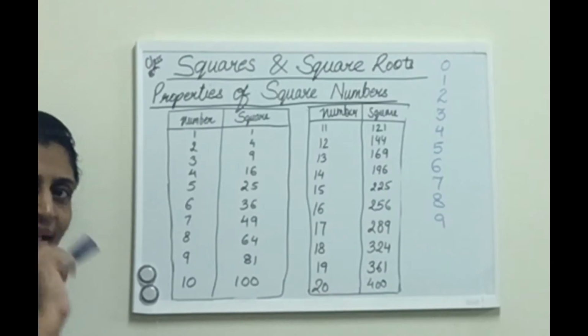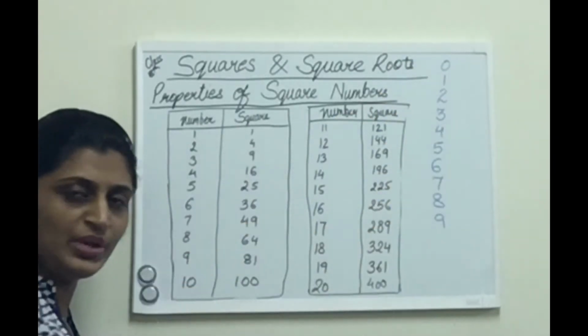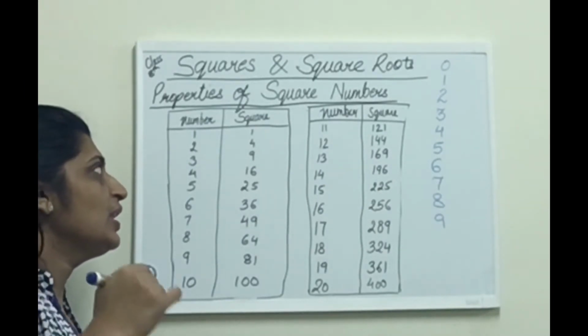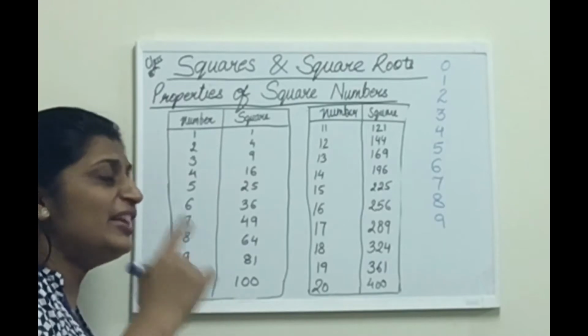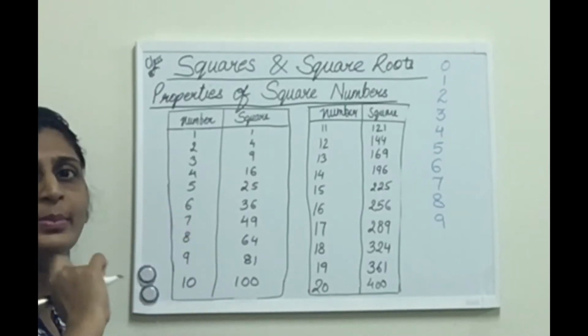Now I am giving you a task. These are the 10 numbers from 0 to 9. Find which of them are a part of square numbers.